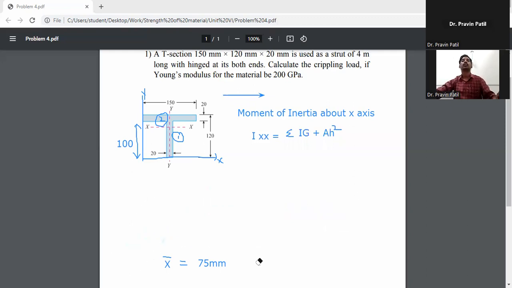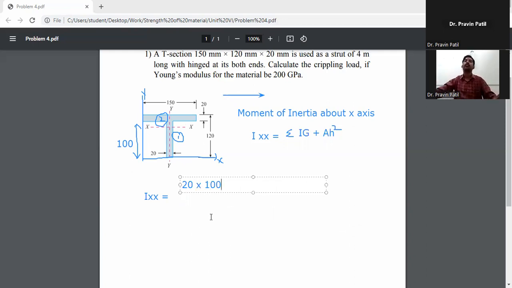So the first section is the web. Ix is equal to b d cube by 12. Here for the web, b is 20 and d is 100.